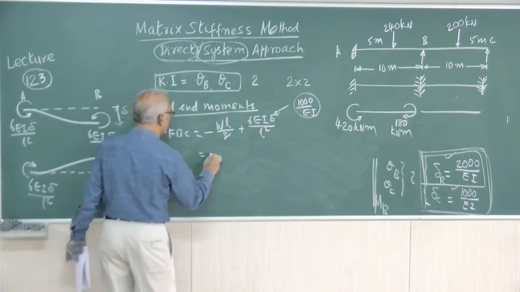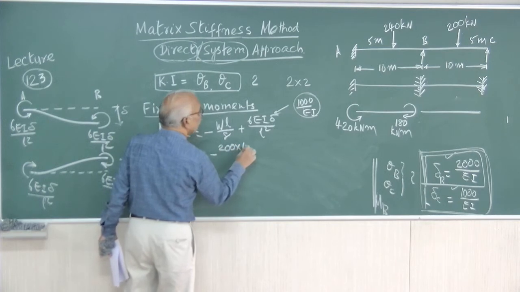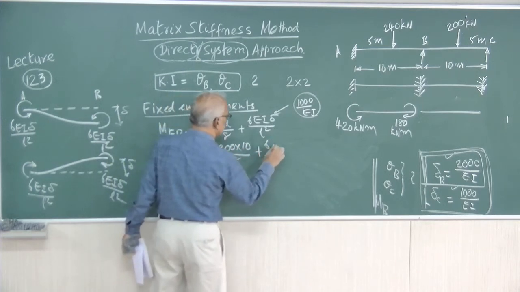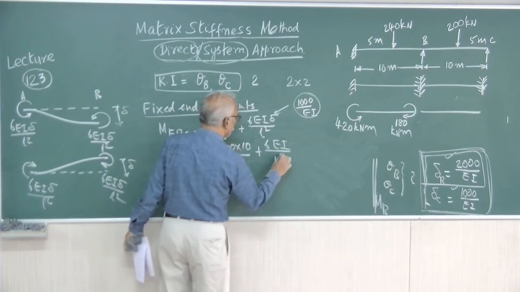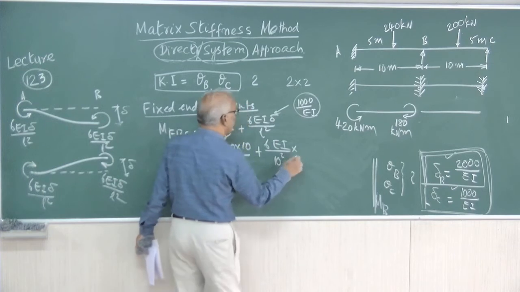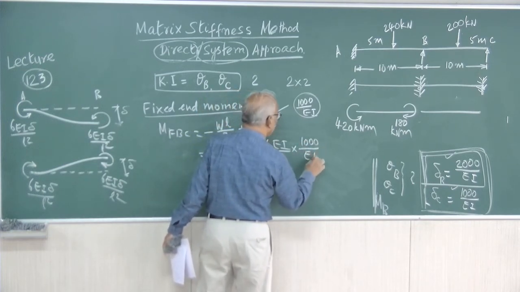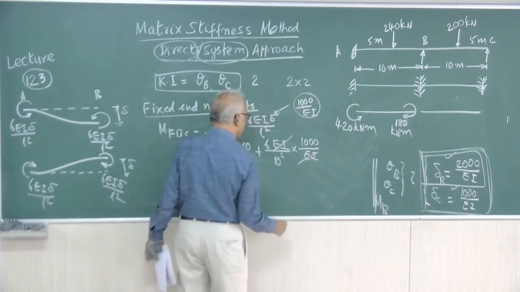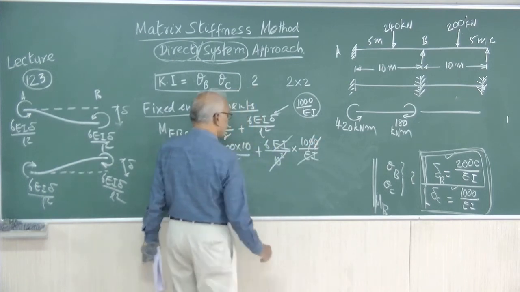So that is equal to minus load 200 into 10 by 8, plus 6EI by L square, where L is 10 meters, so 10 square into delta equal to 1000 by EI. The sign and all those things we have already accounted for, so need not bother. This 10 square will cancel with two zeros.